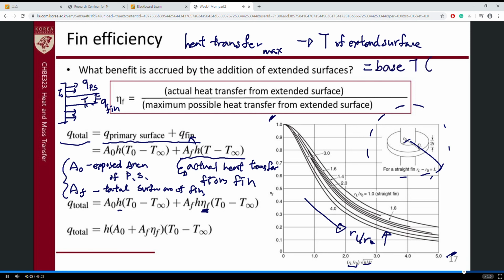What's the base temperature? T0. But if these extended surfaces are very long, it's really hard to keep this condition, right? So it's really hard to maximize the heat transfer from the primary surface to the extended surface, which means that the fin efficiency can decrease. Okay?